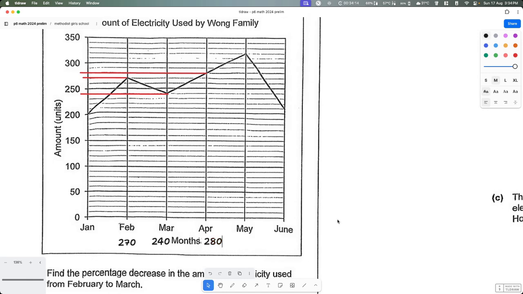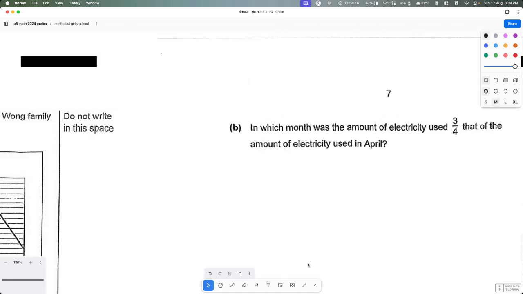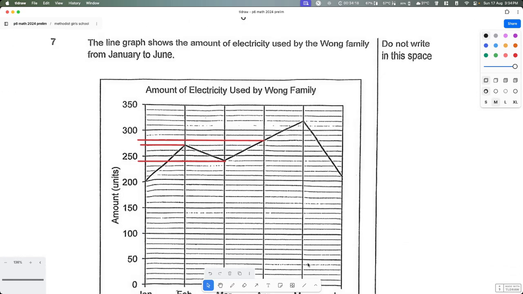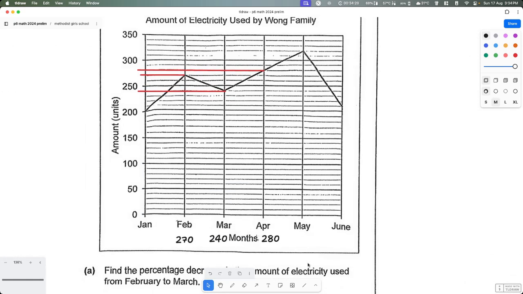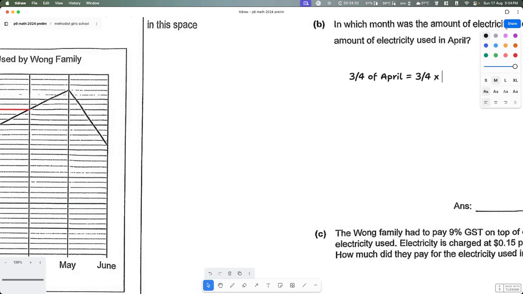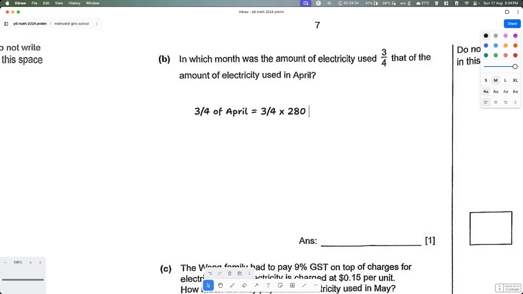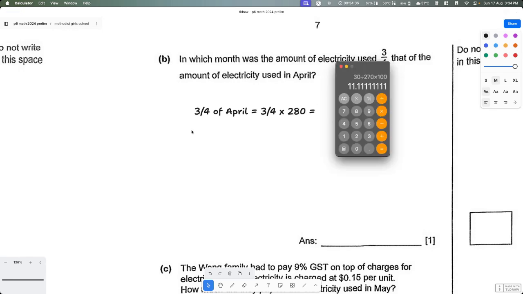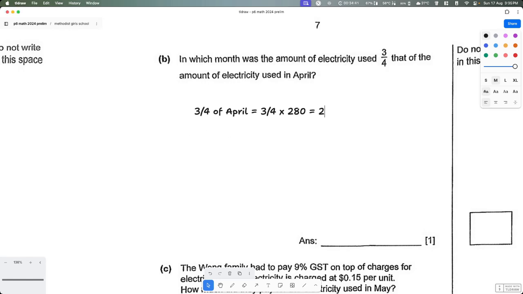Basically, what is the number we're looking for? 3/4 of April is equal to 3/4 times 280, which is 210. So we're looking for 210.